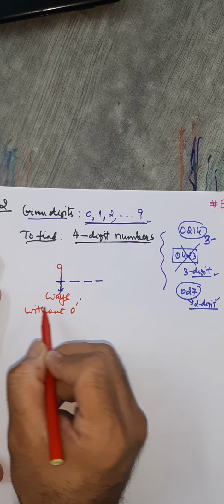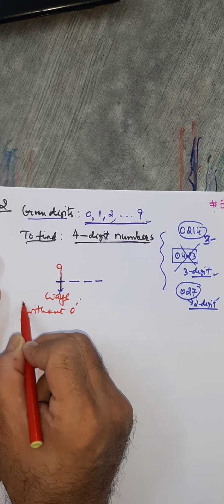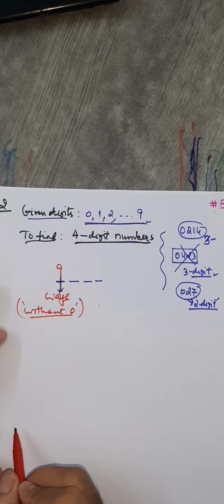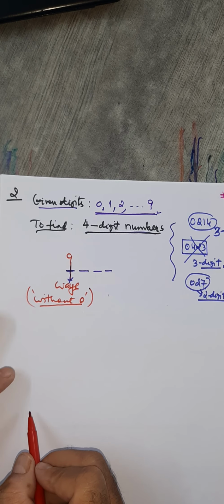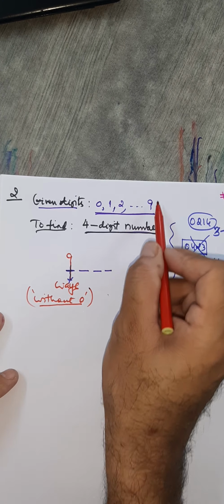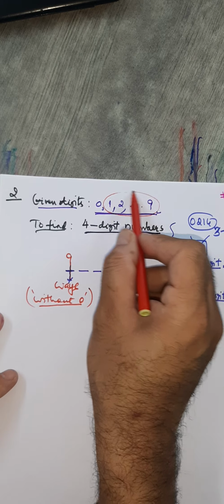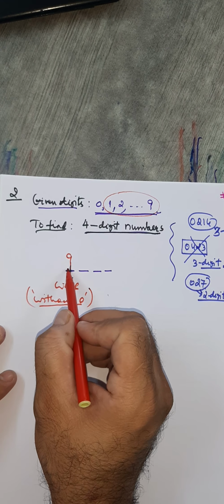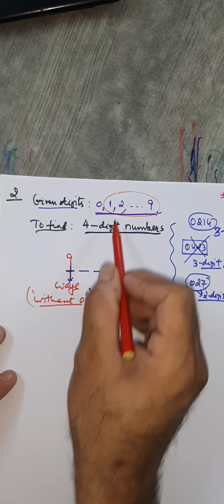Without 0, remember, using which digits? 1 to 9, remember. यहाँ पे 0 नहीं लेना है, that means इसमें से कोई एक आपने सेलेक्ट किया. So how many digits have you used here? One digit.